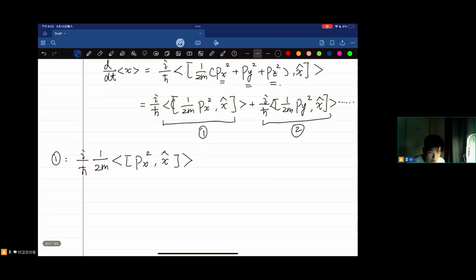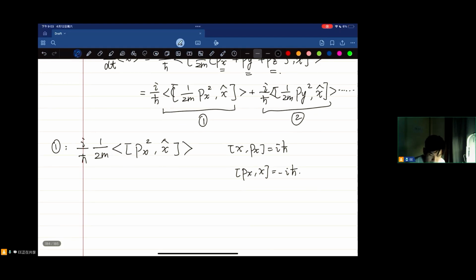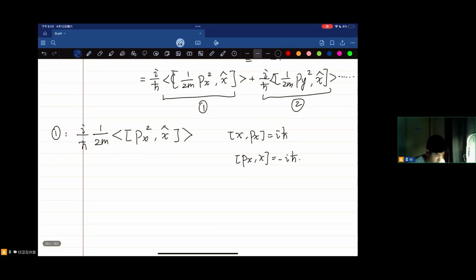According to part A of this problem, we know what [px, x] is. We know [x, px] is equal to i h bar, so [px, x] should be negative i h bar. But we have px squared here. So first, we need to use something called the ABC rule, which is used to separate a product.